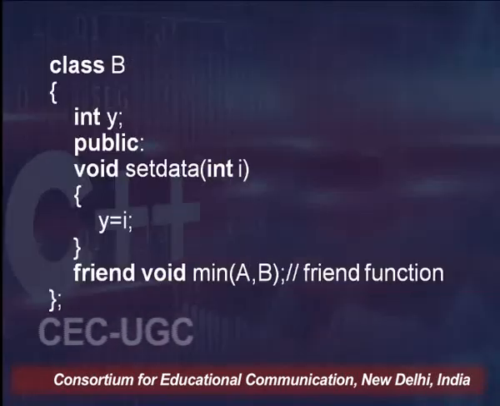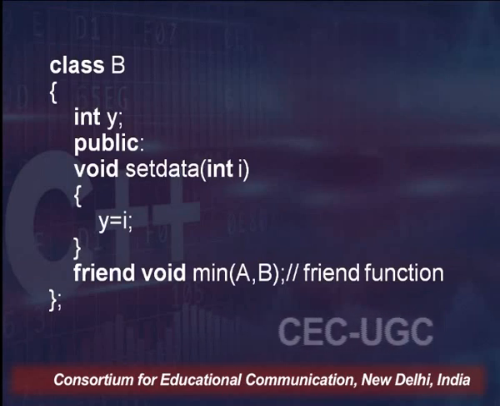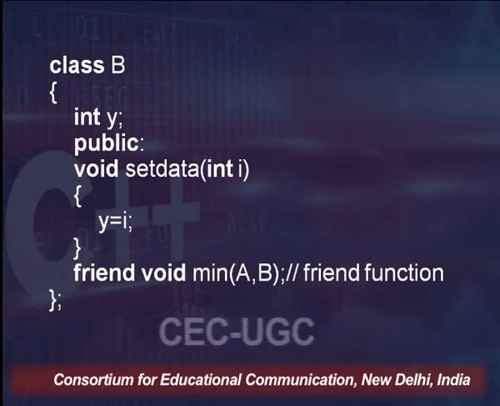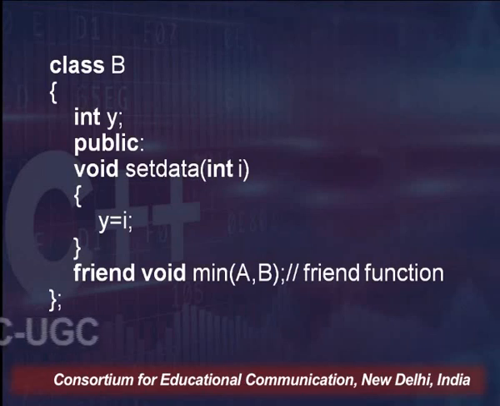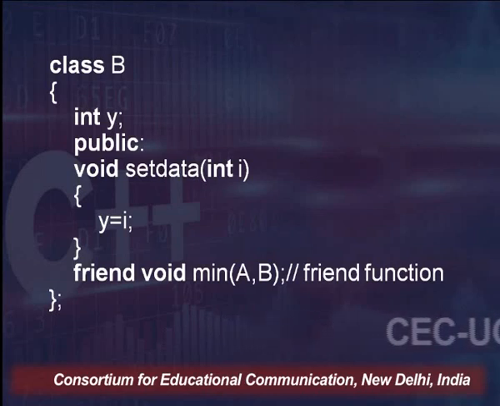Now, next we have defined class B, and within this class B there is a private member which is Y, and that data Y is being set by the function set data, which initializes the value of Y by the value of I, which will be supplied from outside the program.